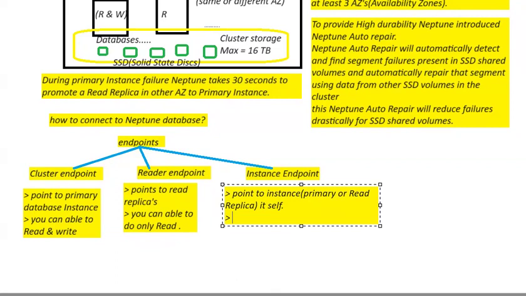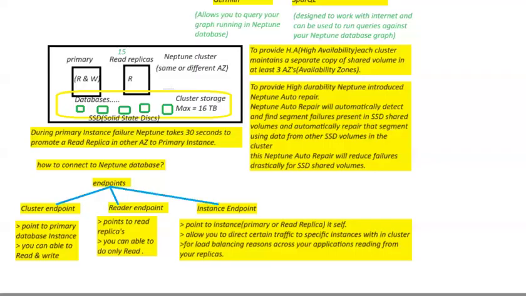For reading from your replicas, you need to load balance, right? So you can do this by using the instance endpoint. So these are the endpoints that you need to remember to connect to a Neptune database.